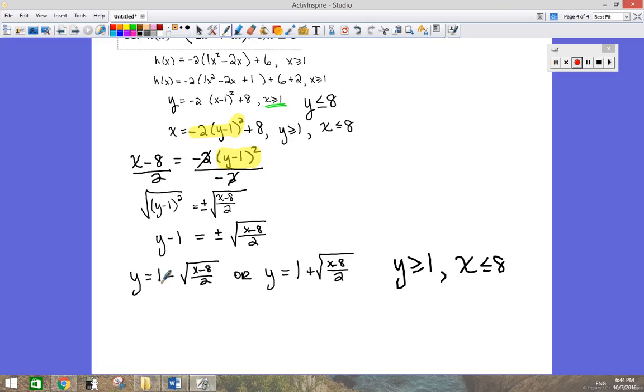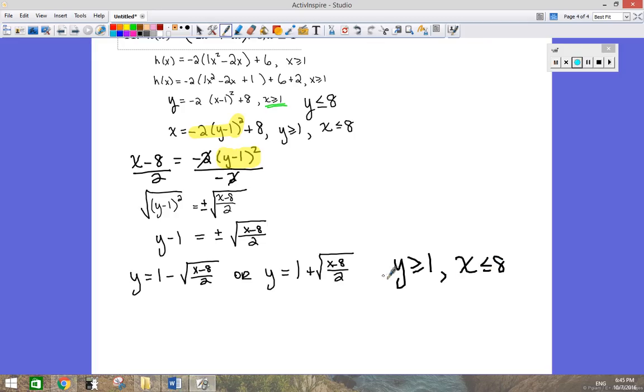I have 1 minus, and what I'm taking away is always a positive quantity. So 1 minus something that's positive is taking that 1 value and making it smaller. I need it to be bigger than or equal to 1. Over here, on the right-hand side with this equation, I'm adding some positive amount to 1, so that 1 is increasing. It's getting bigger as we pick different x's where you're allowed to take the square root, different x's where x is less than or equal to 8.